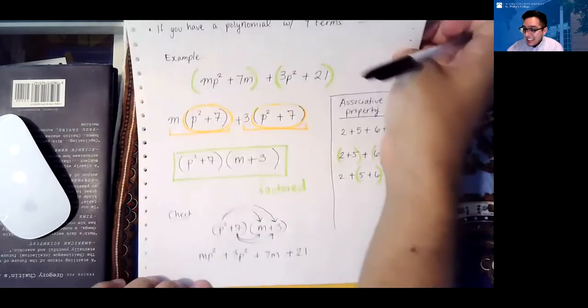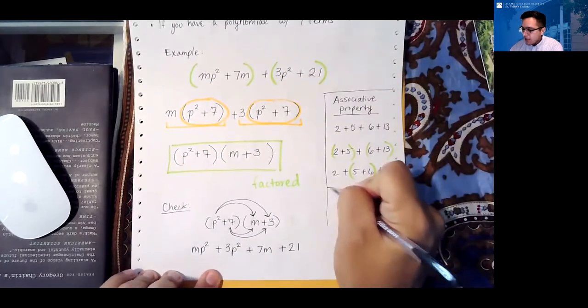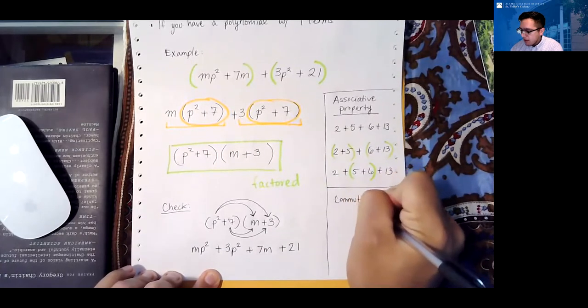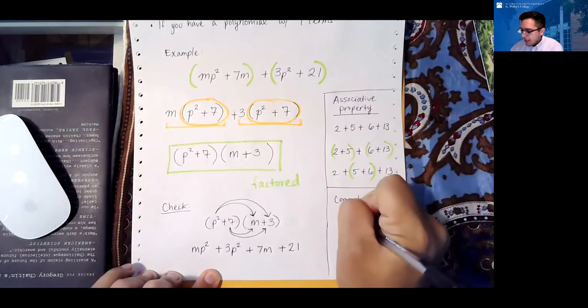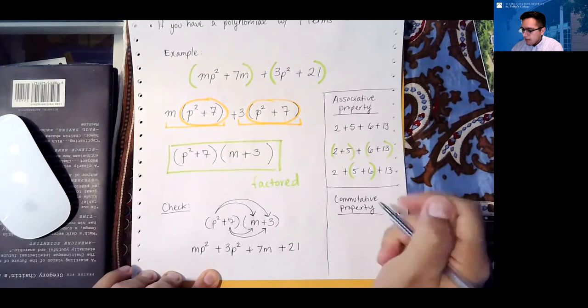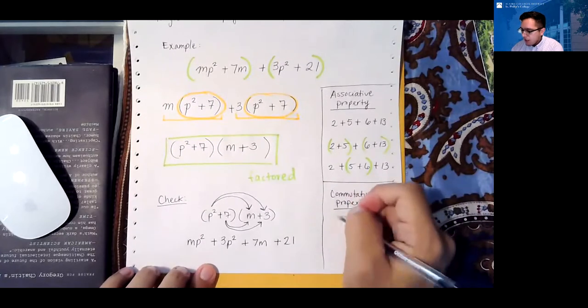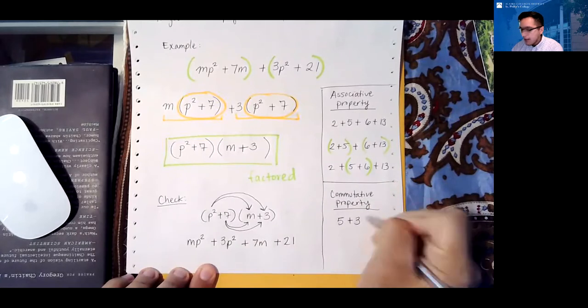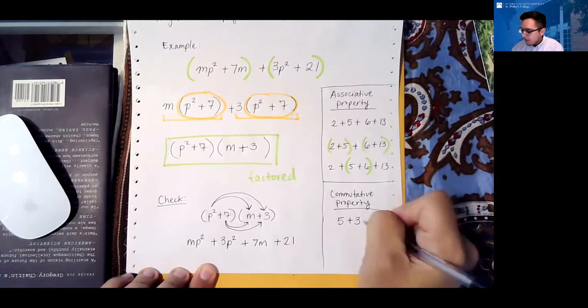It might not be in the exact same order, but that's okay because there's another property of real numbers called the commutative property. And this one should be pretty intuitive to you guys, even though you might not have heard this terminology. It's simply the idea that if we have terms that we're adding together, like 5 plus 3, we know that that's 8.